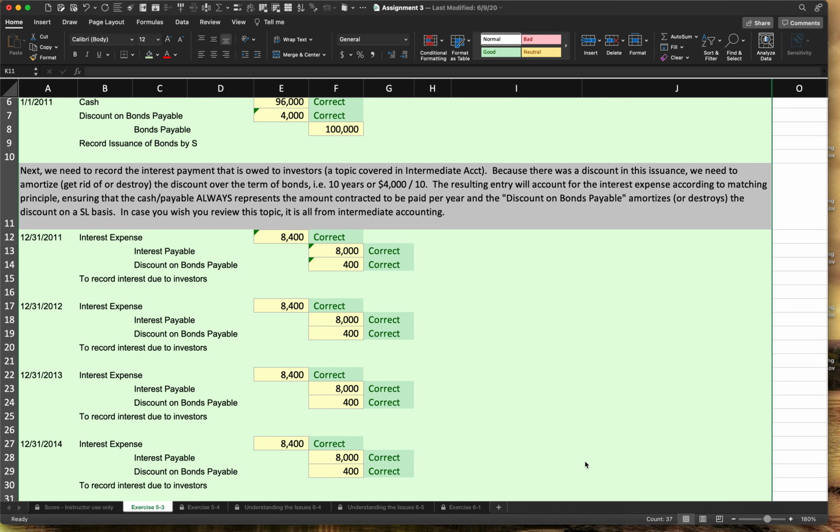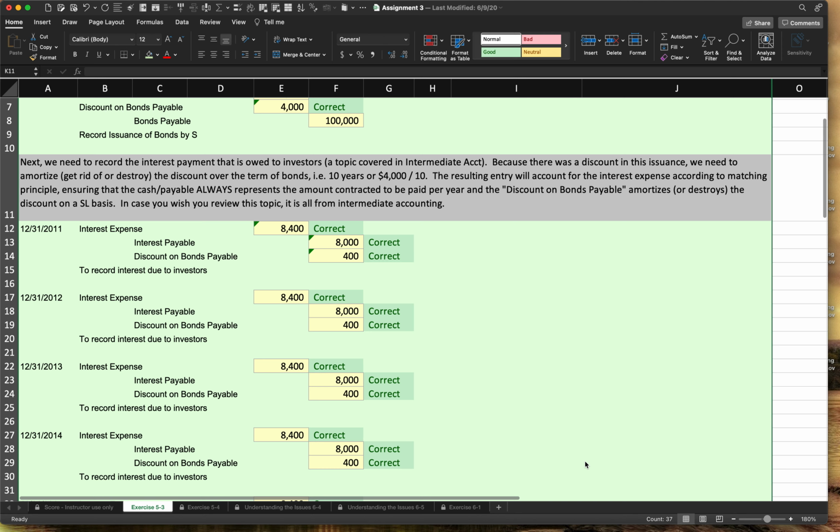Now that you've had a chance to finish out the rest of these journal entries, which are pretty much identical, let's move onwards to Jan 1, 2015, when the parent purchases all of the outstanding bonds of the subsidiary for $101,500, excuse me.